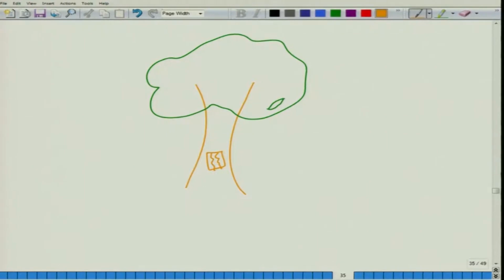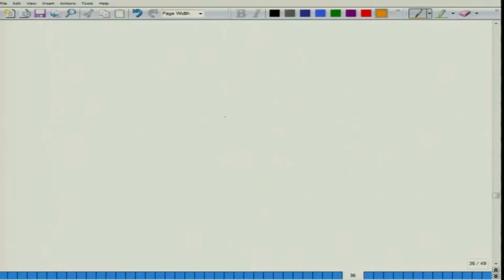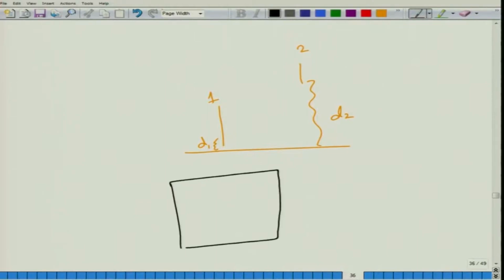So, depth of field means that suppose you have two objects. So, you have object 1 and you have object 2. Object 1 is at a distance of d1, object 2 is at a distance of d2. Now, when we take the photograph, we might have two situations. In one situation, you are able to get objects 1 and 2 both in the picture, and both are well focused.